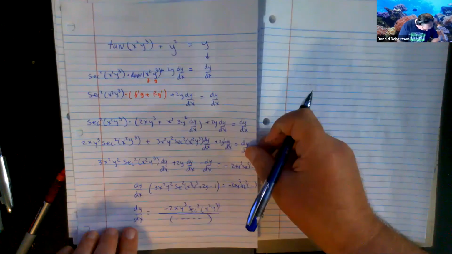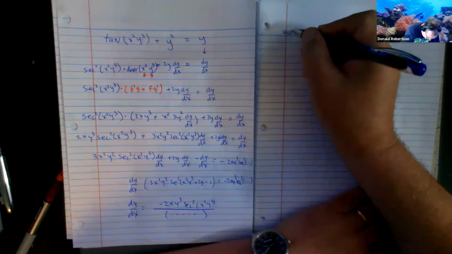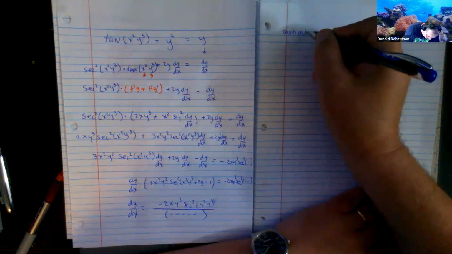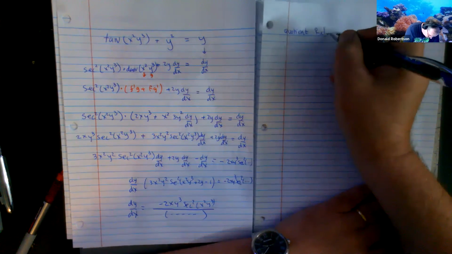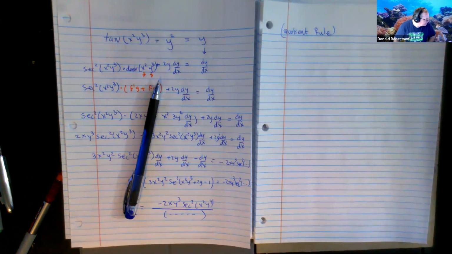But last question for today. We're going to look at a question that involves the quotient rule. And I'm going to pick the same one I chose with my other class because it's ugly. And you don't actually get that many of them.